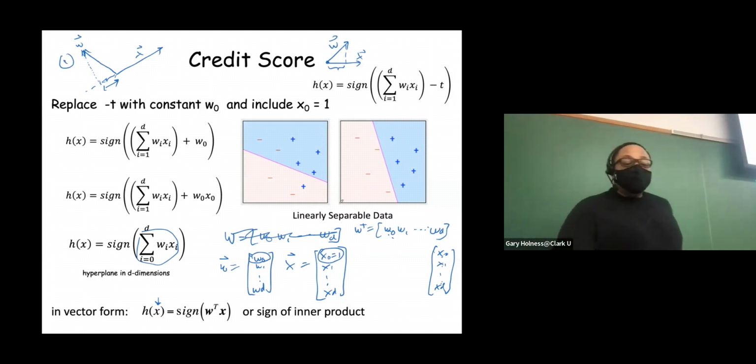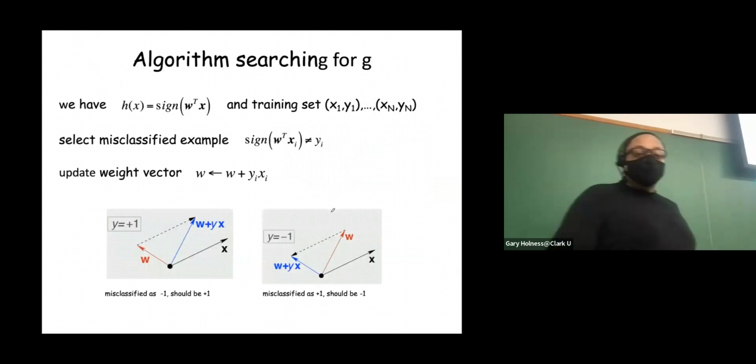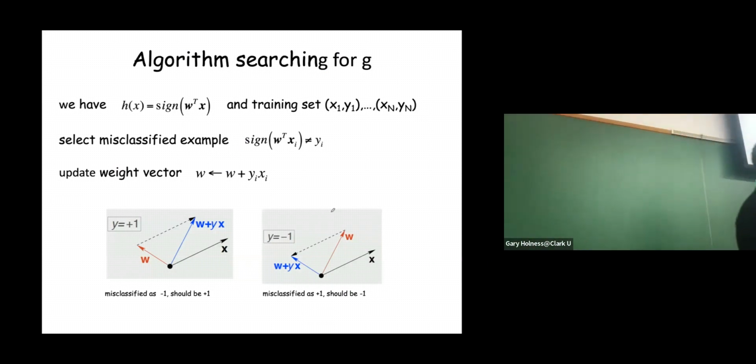Okay. So essentially, in vector form, we have the sign of the inner product, the projection of our W vector onto our data vector. And that's going to be our working hypothesis. And we haven't talked about the algorithm yet. This is the so-called perceptron learning algorithm.